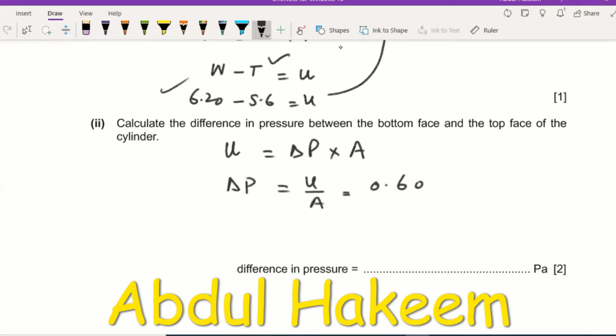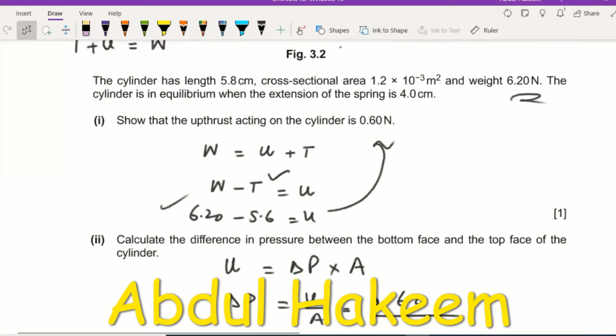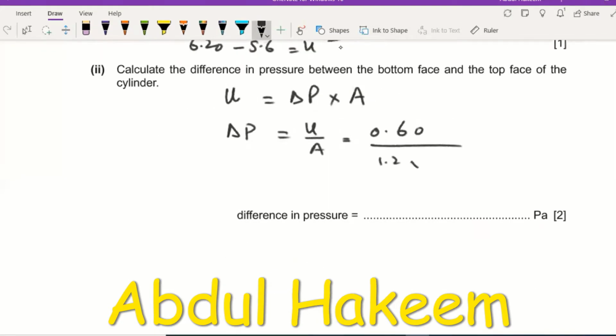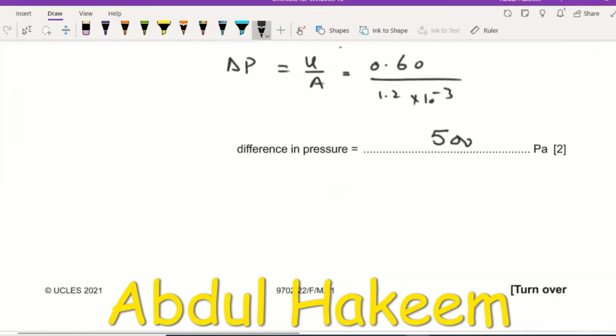Upthrust is 0.60 and the area is given here, 1.2 into 10 power minus 3. So after calculation, it is coming 500 Pascal.